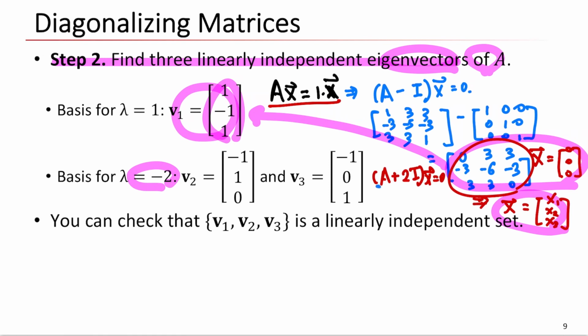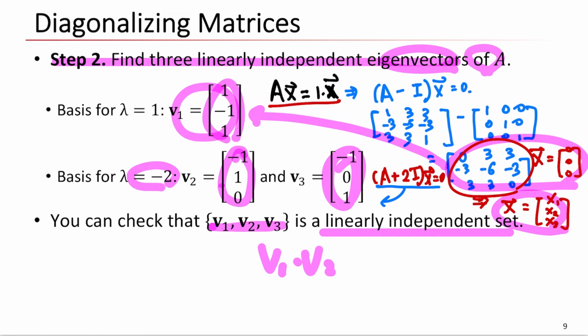If we find the solution of this equation, the basis of this solution will be this one and this one, right? So we can easily check whether v1, v2, v3 is a linearly independent set. So how can we do that?